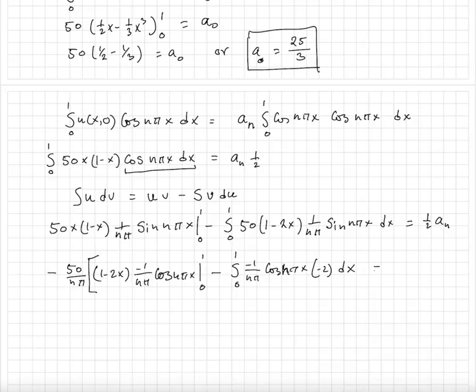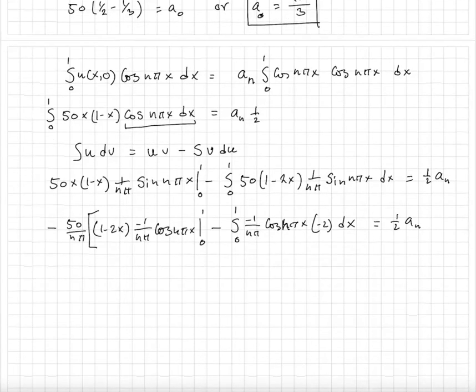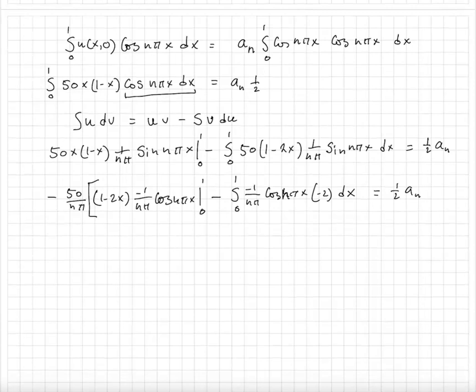Okay, and on the right hand side is half an. So this time you have to be a bit careful, because sine n pi is 0 for any value of n. For cos n pi, cos even pi is 1 but cos odd pi is negative.